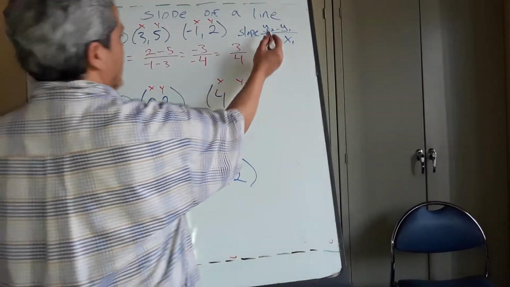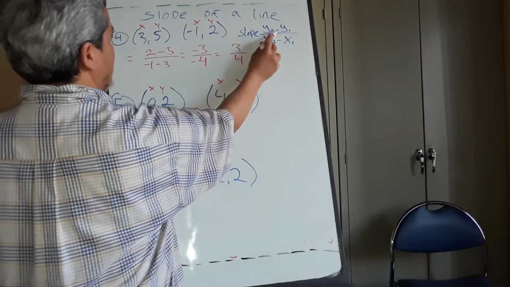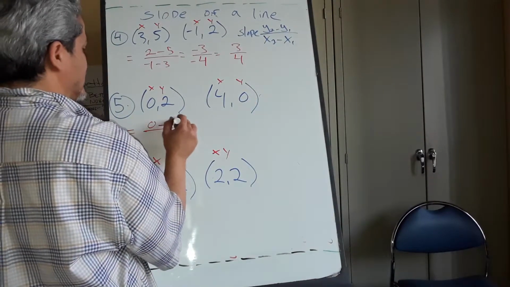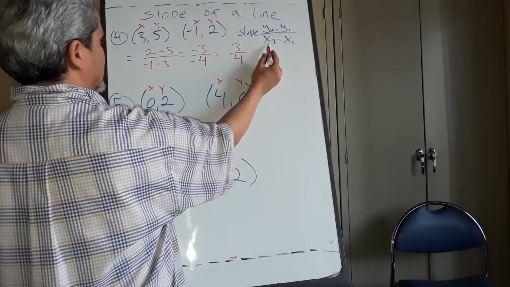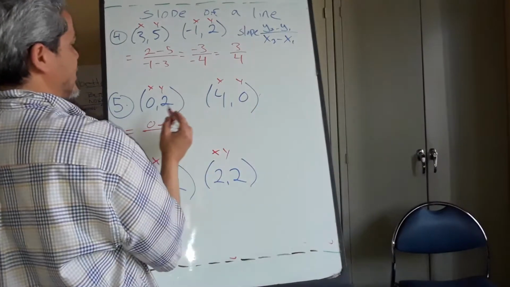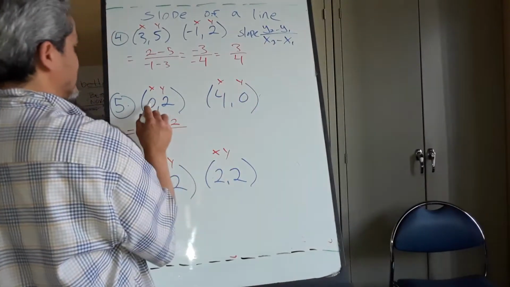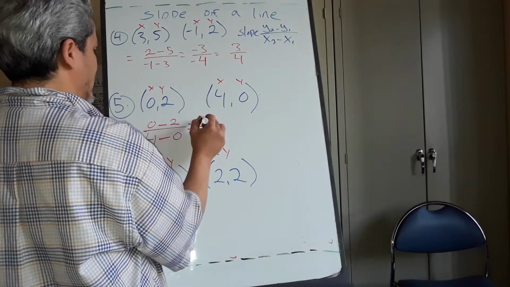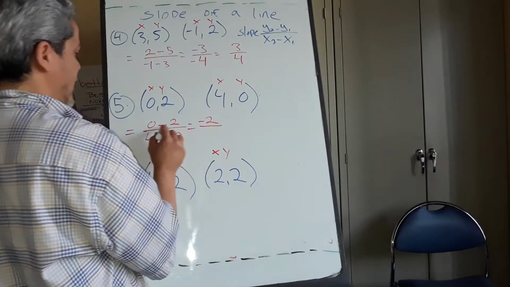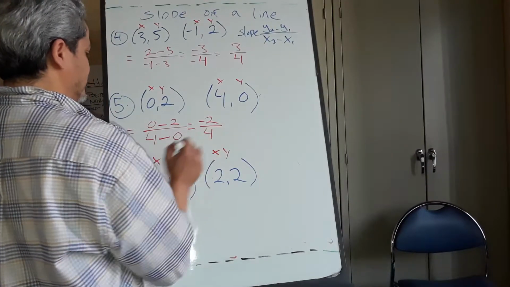Same thing. Second y, 0, minus first y, which is 2, over second x, which is 4, minus first x, which is 0. This one is going to be -2. This one's going to be 4.